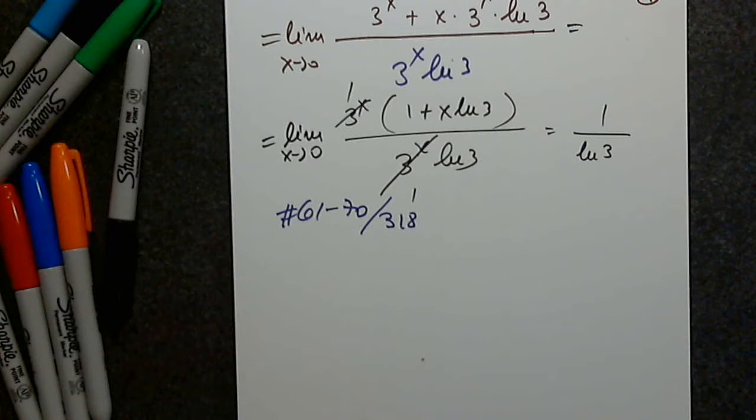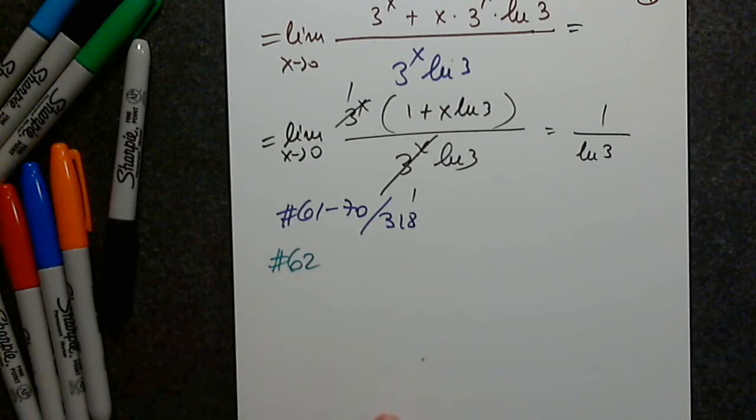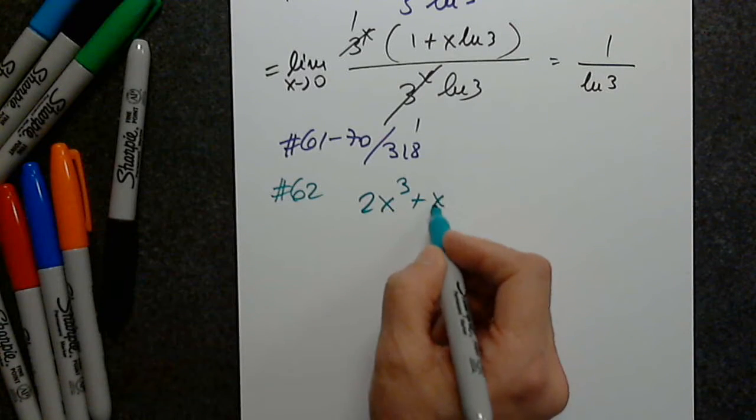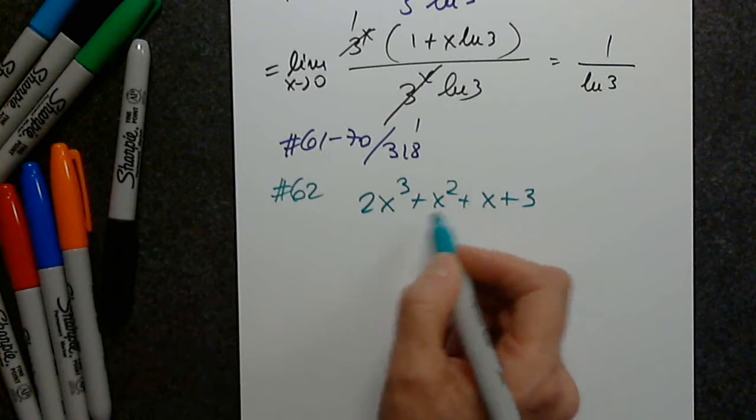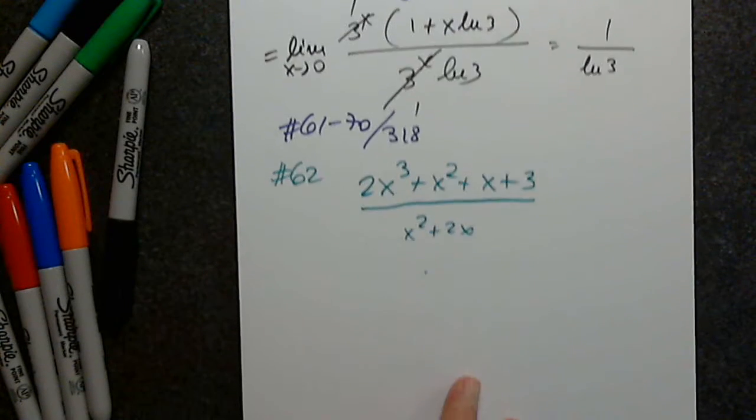Yes, which one? Okay, I will choose 62. We have 2x cubed plus x squared plus x plus 3, everything divided by x squared plus 2x.